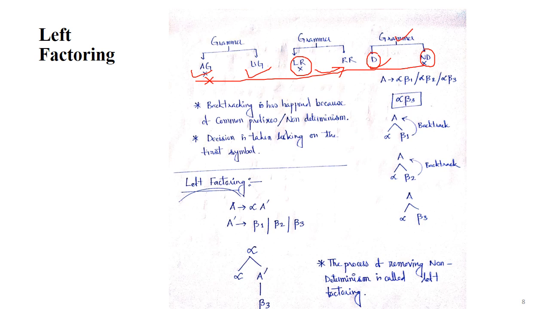So you can recall your finite automata, that is your NFA, that is a non-deterministic finite automata, where you can see the non-determinism. Here also we have the same concept. Let's say I have a grammar A equal to alpha beta 1, then alpha beta 2, then alpha beta 3. For the same input symbol, I have three choices: first choice, second choice, and the third choice.